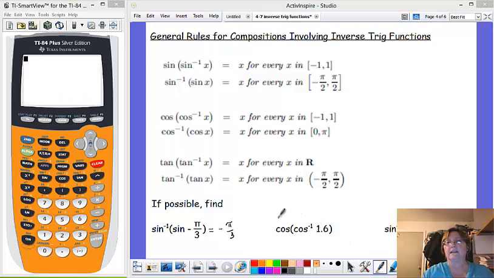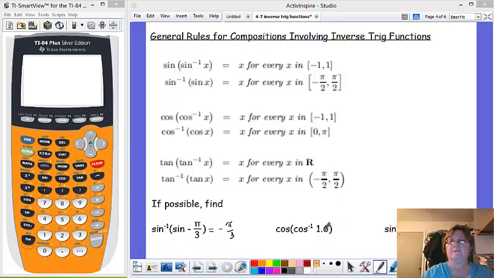Our next example asks us to find the cosine of the angle whose cosine is 1.6. And folks, I'm afraid there's a problem with that, because if you think about the cosine function, cosine of cosine inverse x has to be within the range negative 1 to 1, and 1.6 is not in that range.